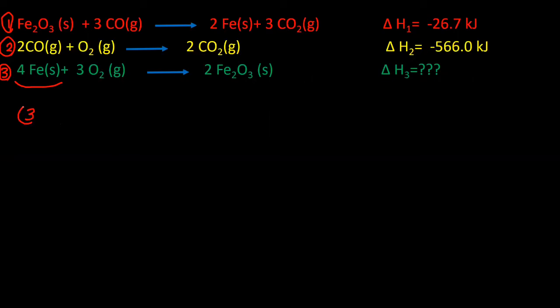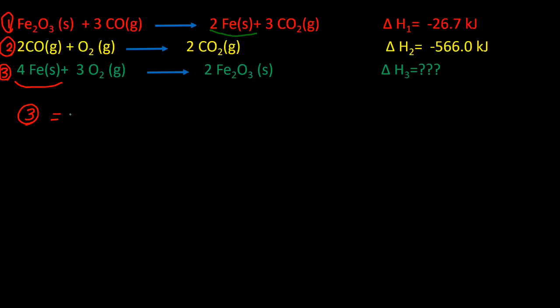So reaction number 3 actually is equal to, I look for Fe in reactions number 1 and 2, and I see in reaction number 1, I have Fe in my products. But here I need Fe in my reactant. So I need to write the reverse of reaction number 1. And I can also see the coefficient here is 2, but here it is 4. It means I need to reverse reaction number 1 and also multiply its reverse by 2.